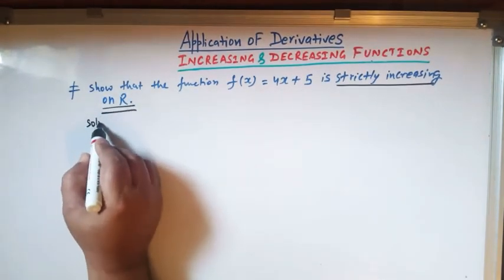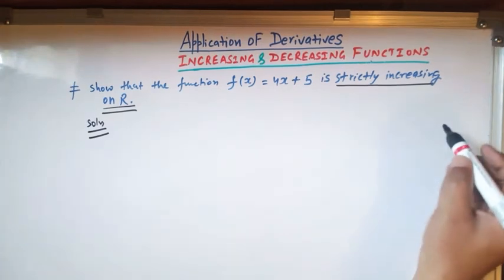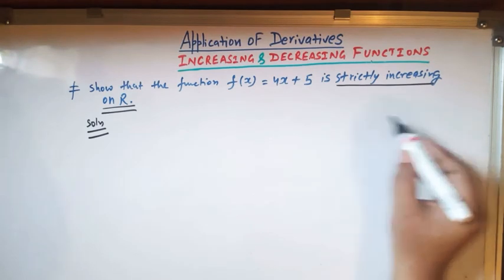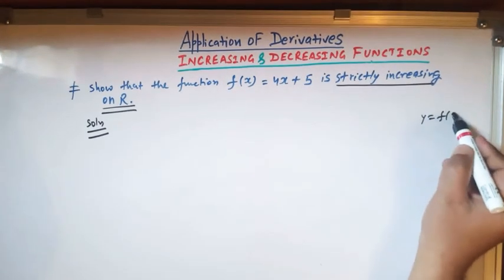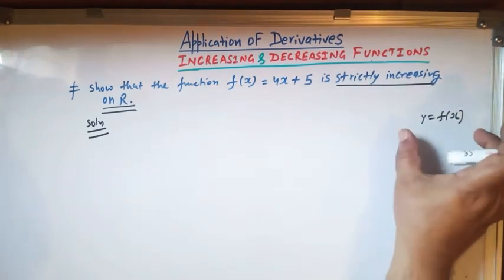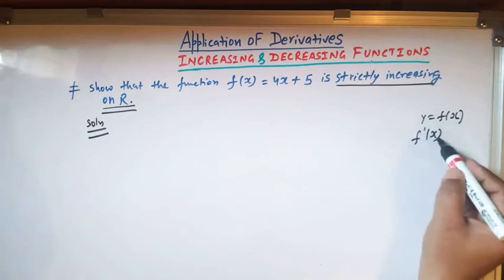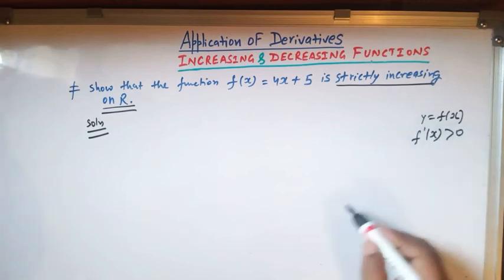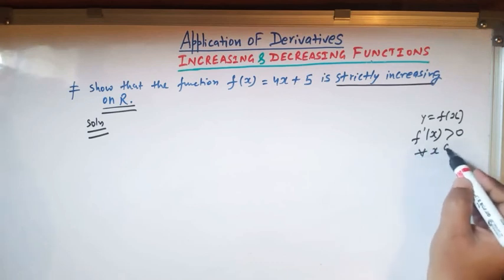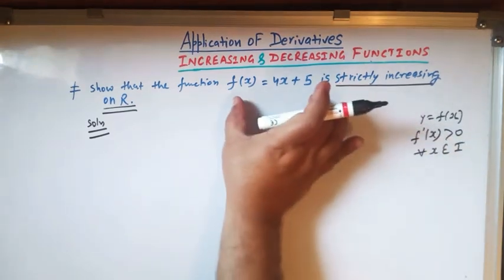As we just discussed, the function y equal to f(x) is strictly increasing if the derivative of f is greater than 0 for all x belonging to the given interval. Let us apply this rule to this question.